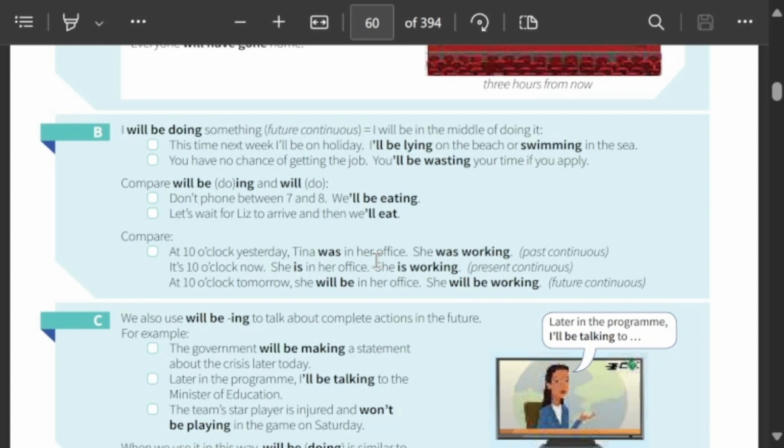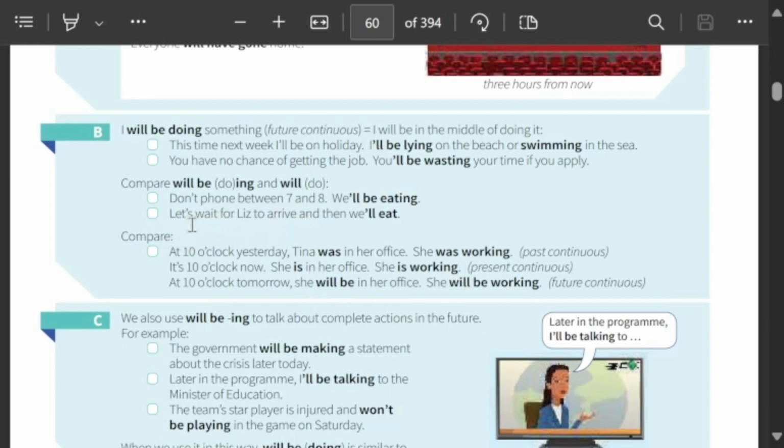Now, the first one, will be eating, is what tense? What do you think? Future? What type of future? Future continuous. Eating, you see? Future continuous. Okay.